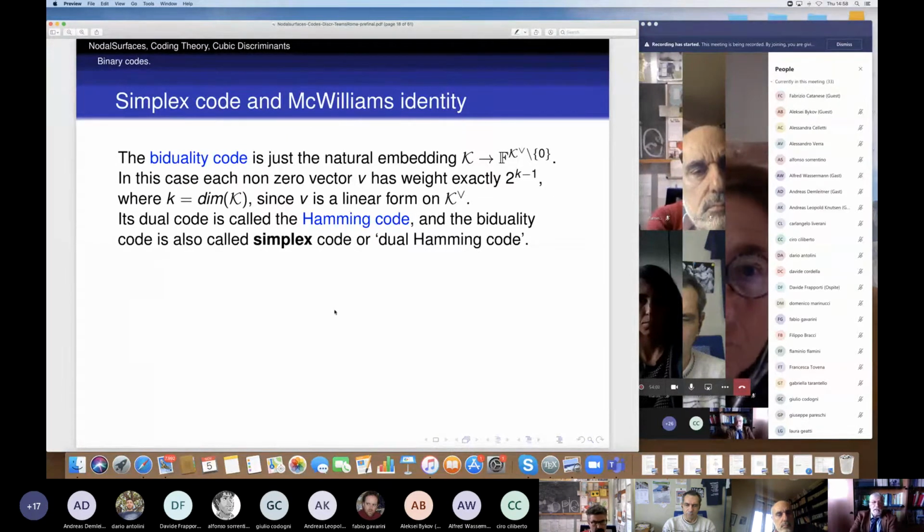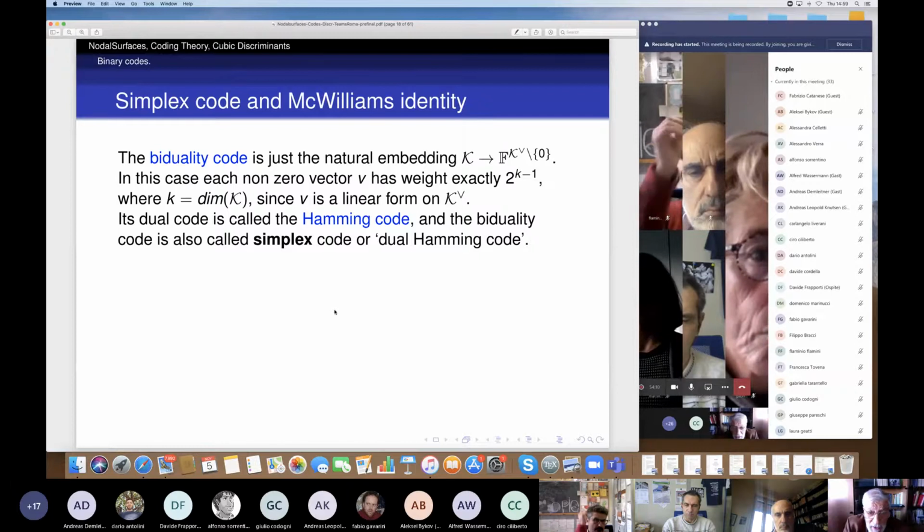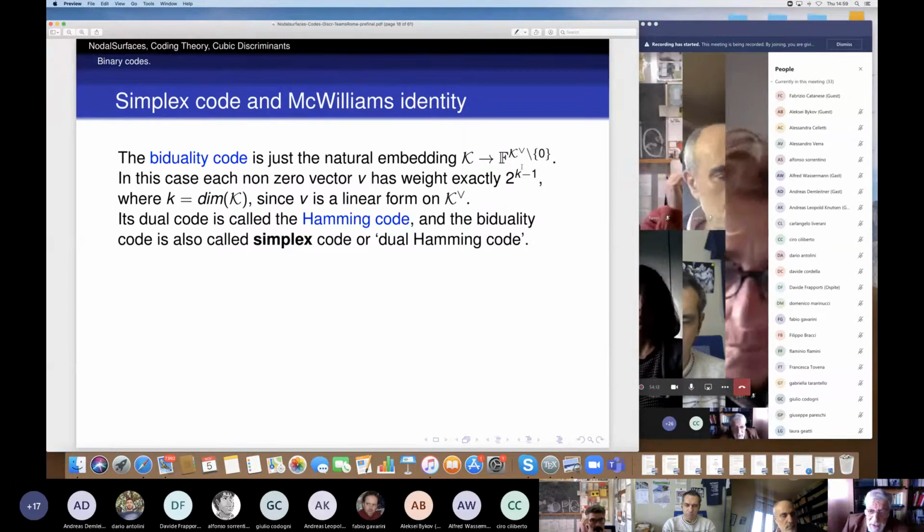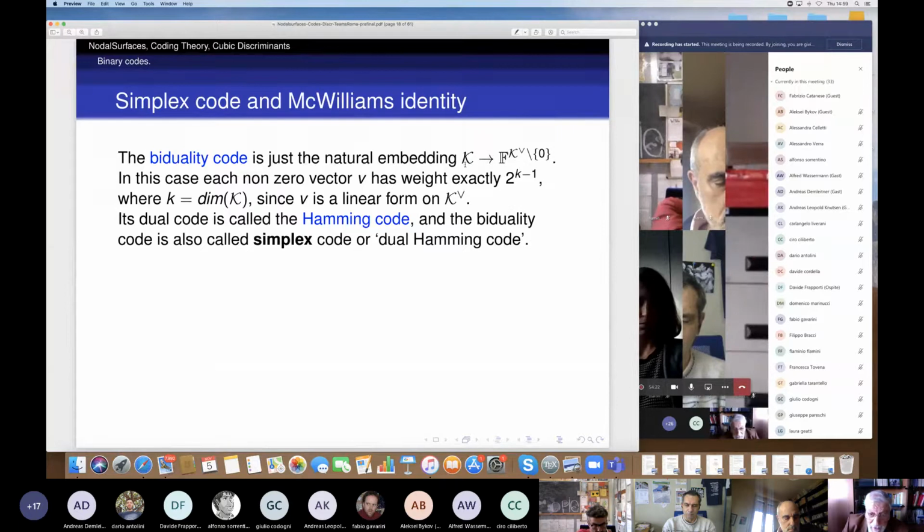Now, let's start with the simplex code, which is the easiest code, which I like to explain also in the lectures of linear algebra. The biduality code is just the natural embedding of K in the set of functions on the complement of 0 in the dual subspace. So we know that K gives linear functions on the dual subspace.